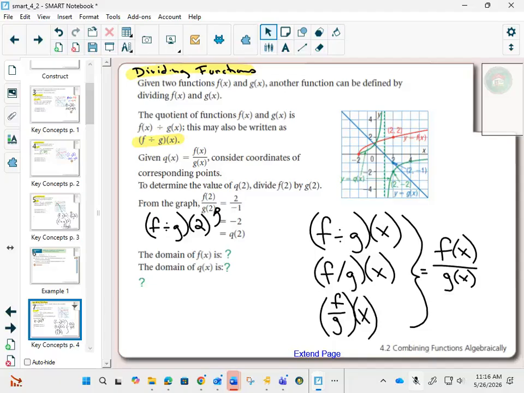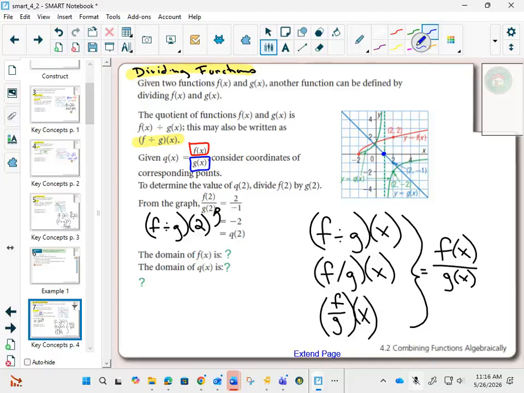But with dividing functions, we have some weird things happen. First of all, I'm going to color code here a little bit. The function we're doing is f of x, which was my red one, divided by g of x, which was my blue graph. So some important things that happen. Look, where your blue graph is equal to 0, that would be a non-permissible value.